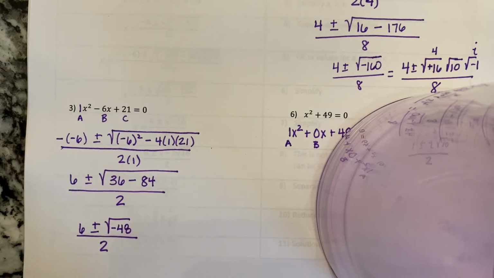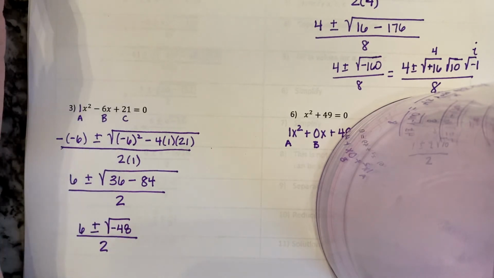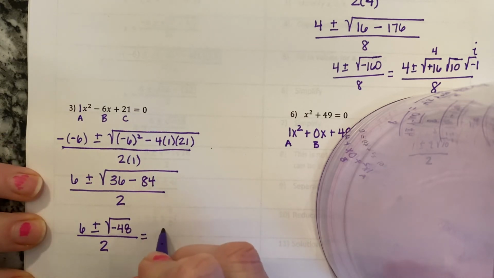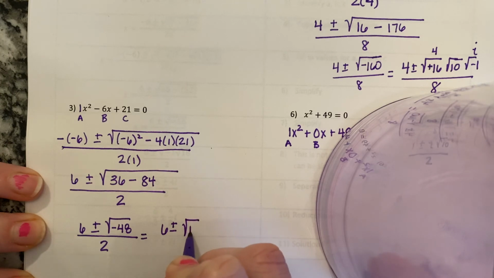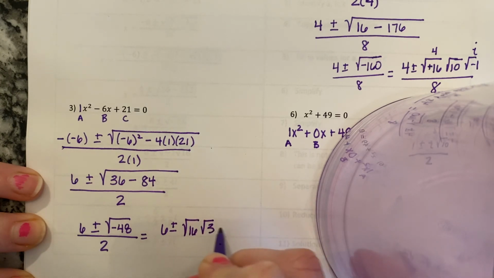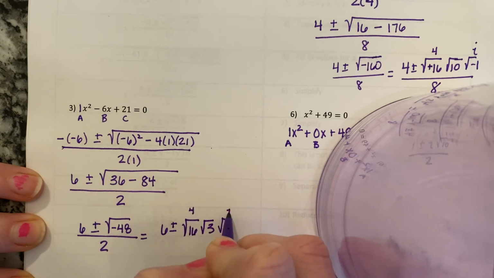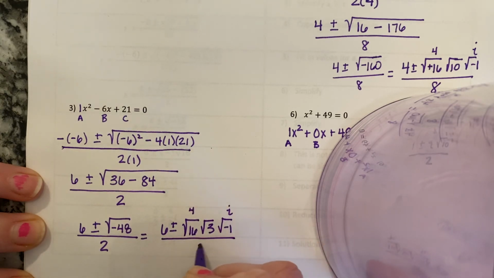48 has a perfect square in it. 16 is the biggest perfect square in 48. So you're going to break this apart, and it's going to be 6 plus or minus the square root of 16 times the square root of 3 times the square root of negative 1. So that is 4. That is i. And this is 2.